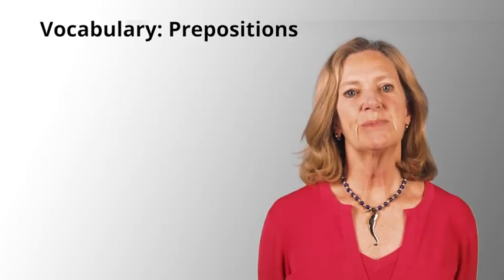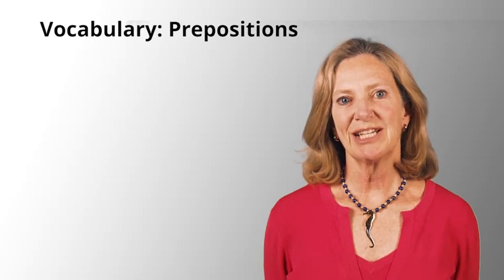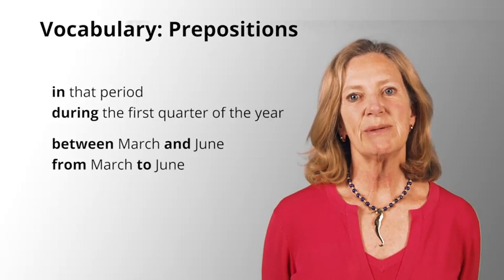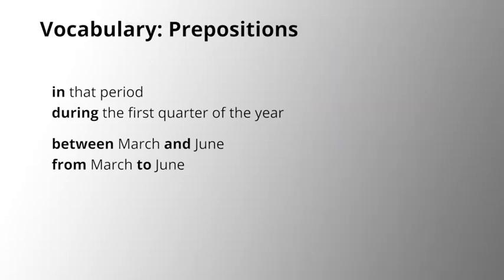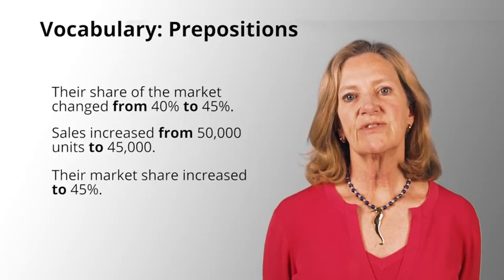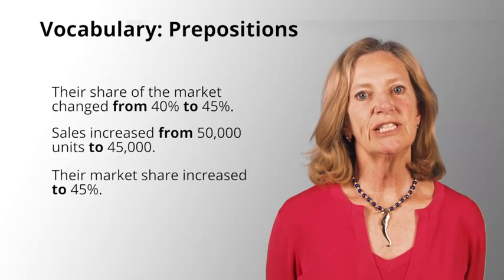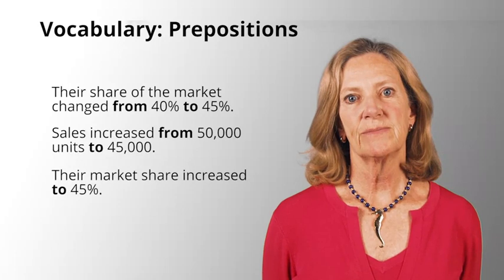Okay, now we get into prepositions that we use to describe trends. Here are some that might be very familiar to you, prepositions in expressions of time. In that period, during the first quarter of the year, between March and June, from March to June. We also use from and to show a change from one number to another.